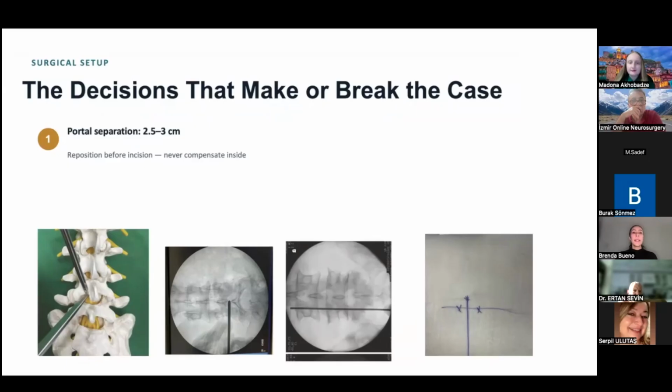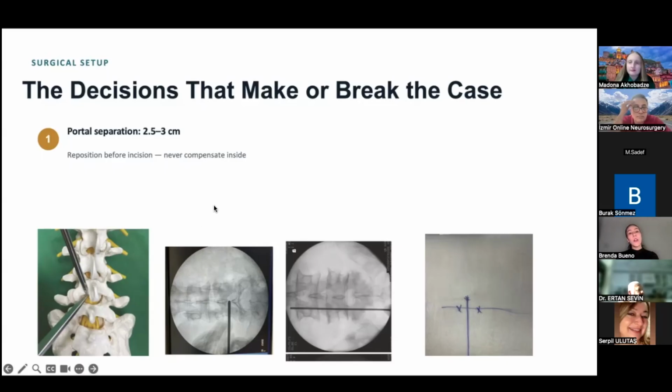But something that I want to share with you is that the portals are not static. It's really important to plan the portals, because the triangulation in UBE is almost 50% of the success of the surgery. So you need to plan your portals really well.